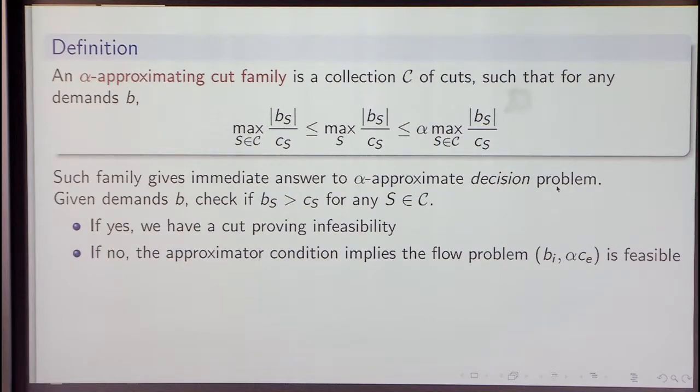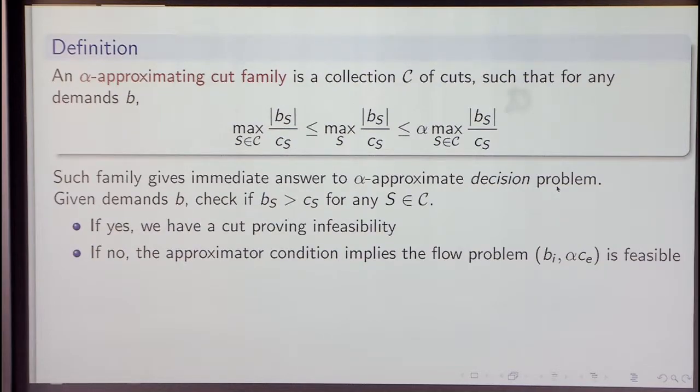Just if I'm only interested in the decision problem, I just want to know, yes, I can route it possibly with some expansion of the edge capacities, or no, I can't. So in particular, if I'm given some set of demands and I check the cuts in that set, certainly if I find a cut where the aggregate demand exceeds aggregate capacity, then I'm done. I know it's infeasible.